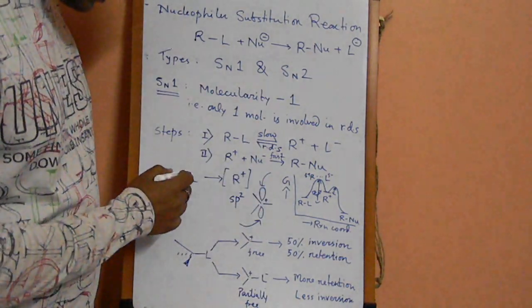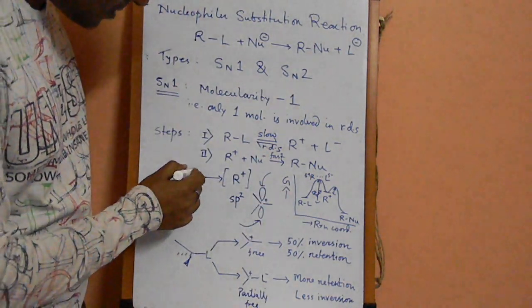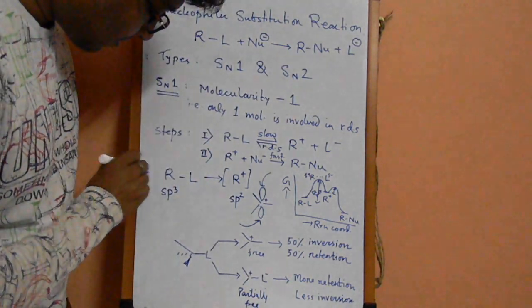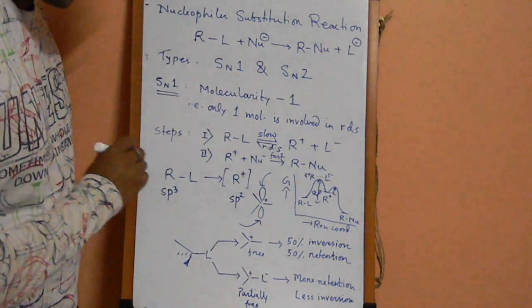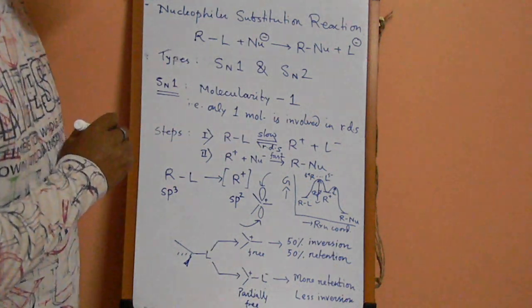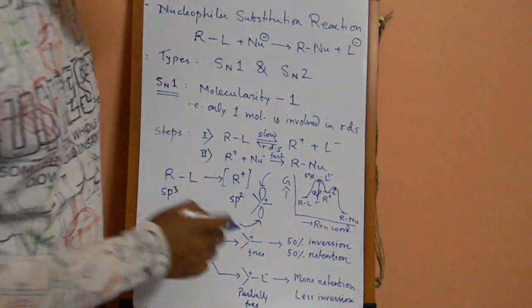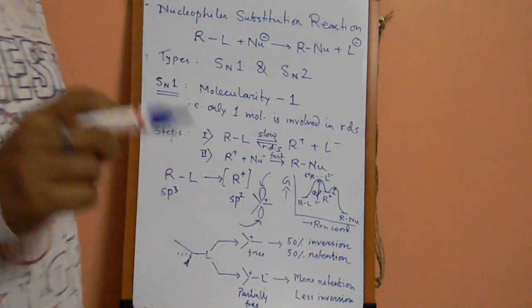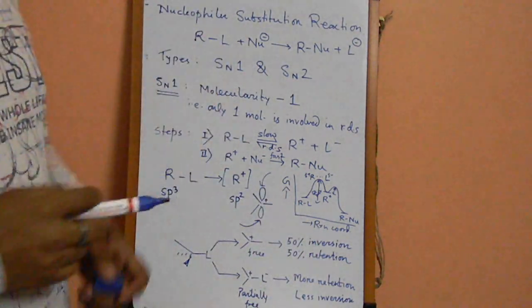So from RL, if the nucleophile comes here, it will be called retention. If the nucleophile comes here, that will be an inversion. So ideally one should get 50% inversion and 50% retention, but actually this does not happen.